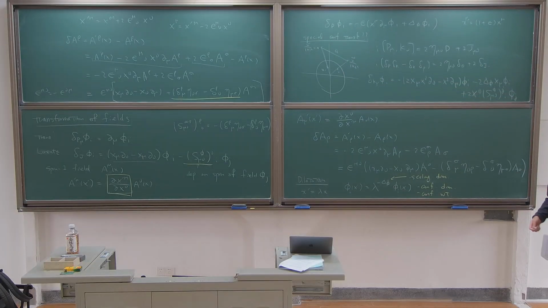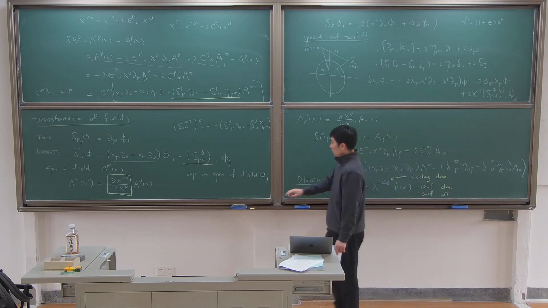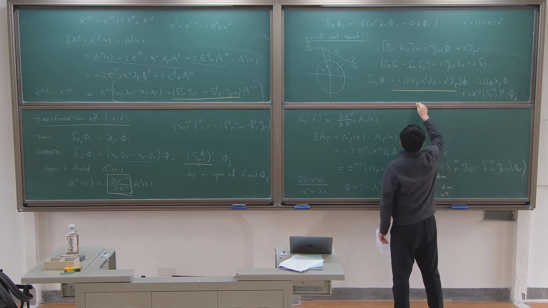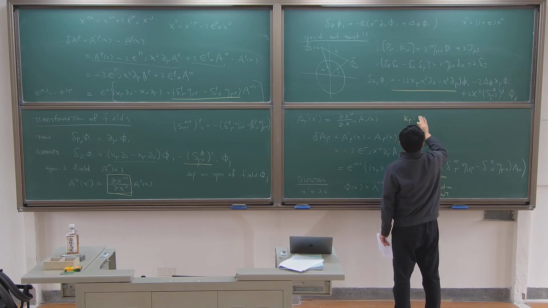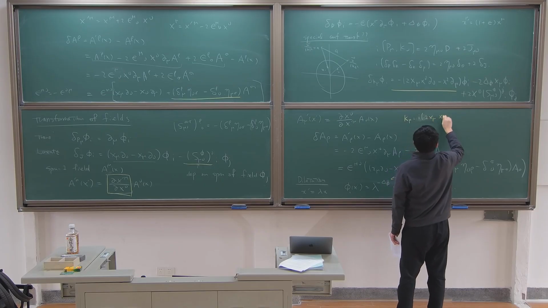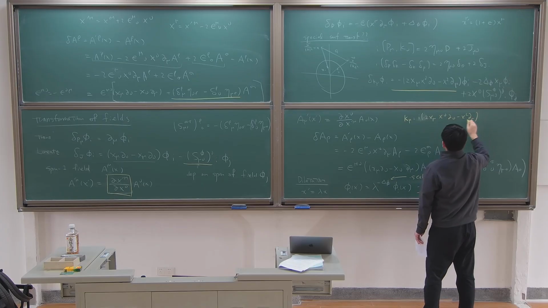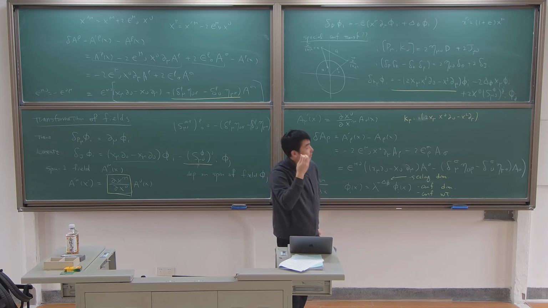As you can see, this one is the original K generator. Last time we already saw this is the generator K mu, exactly i times this one: 2x mu x nu partial nu minus x squared partial mu. So this is the generator of the special conformal transformation, as we saw last time.